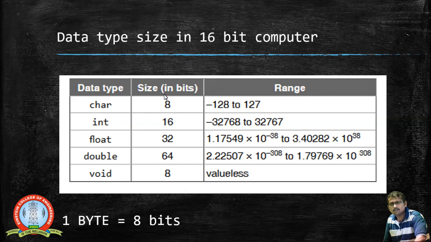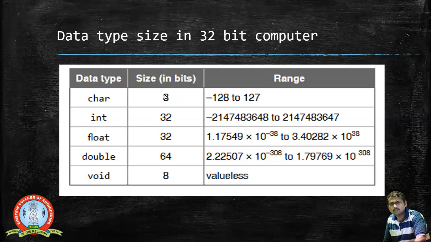Now when it comes to a 32-bit computer, when you look into the size of the character, it is the same as what we have already seen. It is 8 bits, meaning it is 1 byte. But when you look into the size of the integer, earlier in the 16-bit computer it was only 2 bytes.